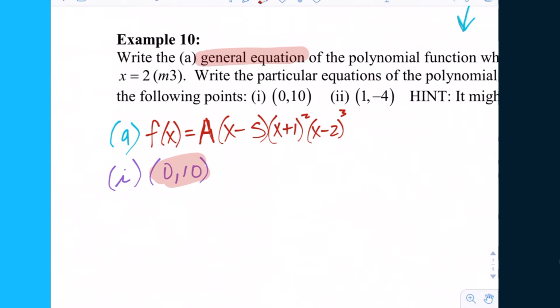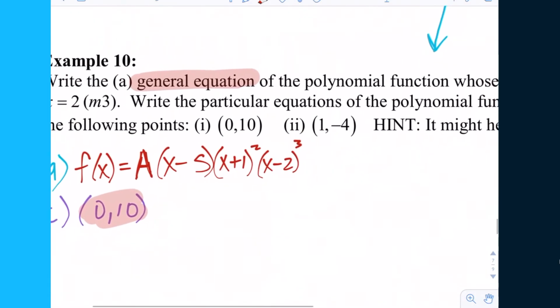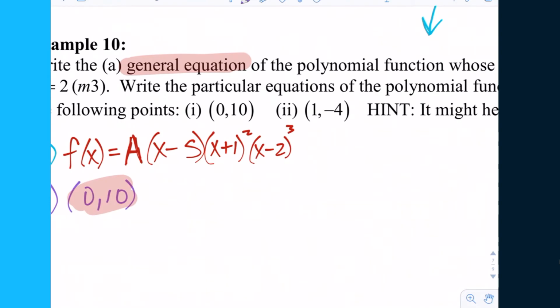So let's go ahead and draw first what our function from part A might look like, just to get a nice little visual. So a y-axis, an x-axis, and we have 5 over here, and we have 2 right here, and we have negative 1 right there.